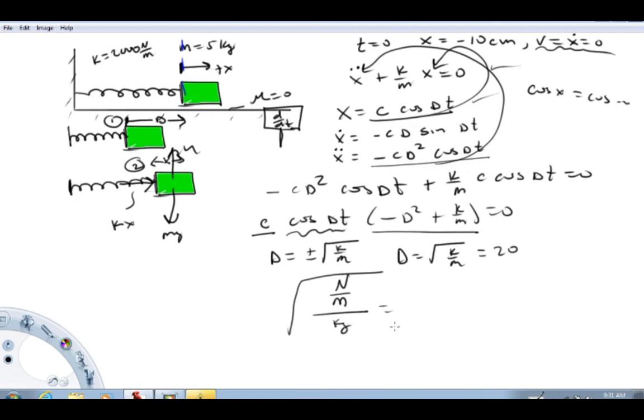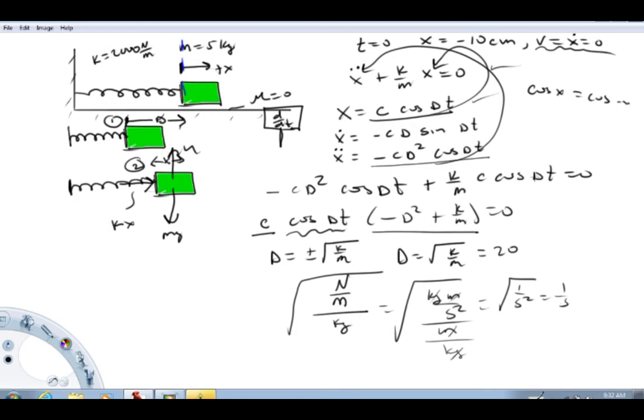Remember that a Newton is a kilogram meter per second squared. That's over meter, and again over kilogram. Believe it or not, when you work through the units, these things cancel. We're left with the square root of 1 over second squared, which is 1 over second.